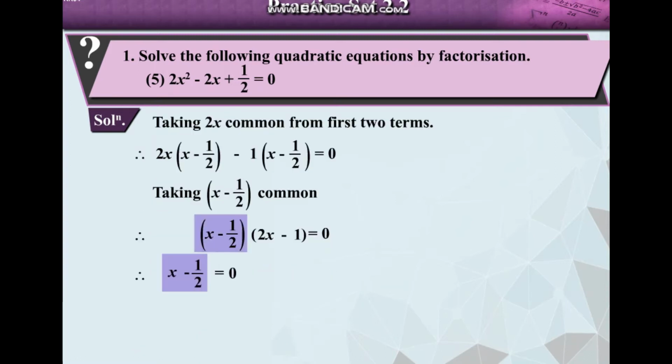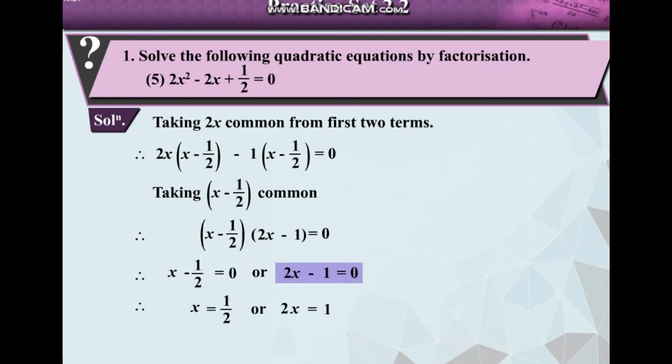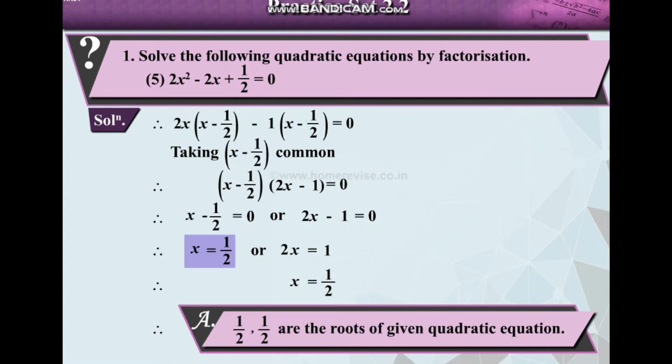Therefore, x minus 1 upon 2 is equal to 0, or 2x minus 1 is equal to 0. Therefore, x is equal to 1 upon 2, or 2x is equal to 1. Therefore, x is equal to 1 upon 2. Therefore, 1 upon 2 is the root of the given quadratic equation.